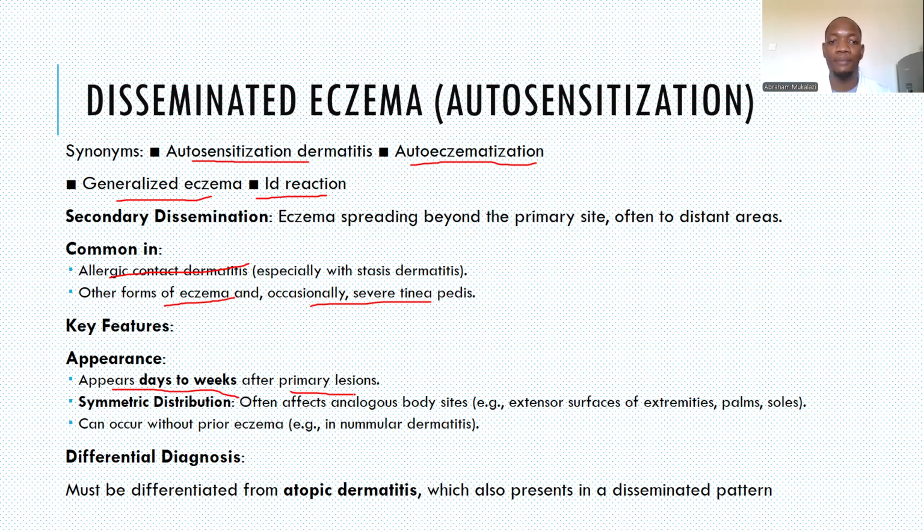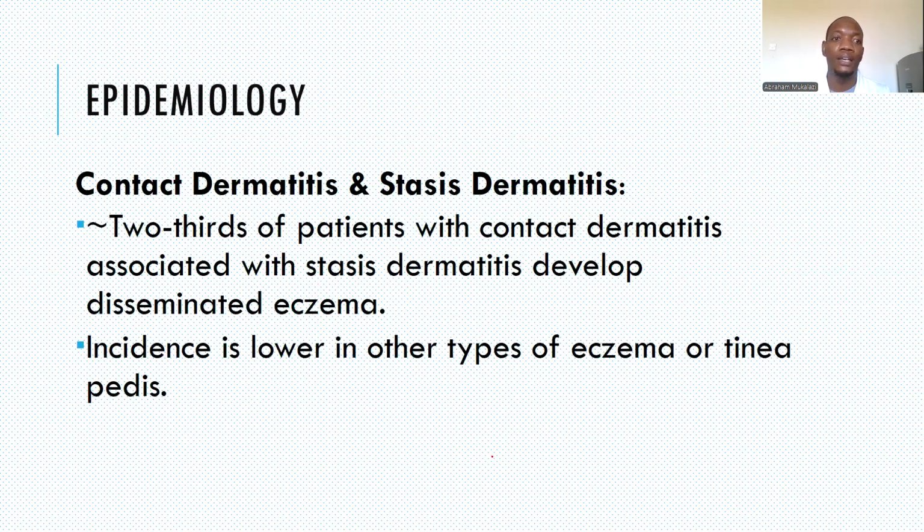And oftentimes it can also be near the area where you have the primary rash or the primary skin condition. And in the differentials, you can have other things to think about, like atopic dermatitis, which can also present in a disseminated pattern.